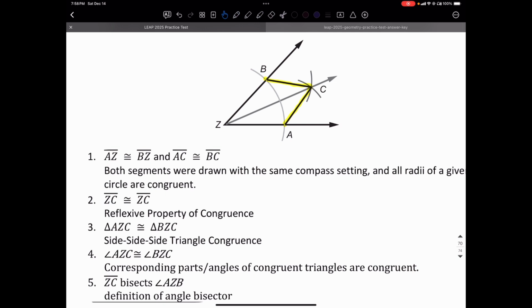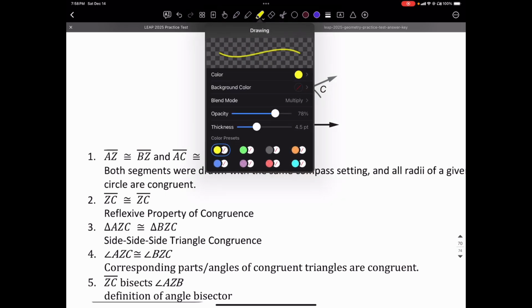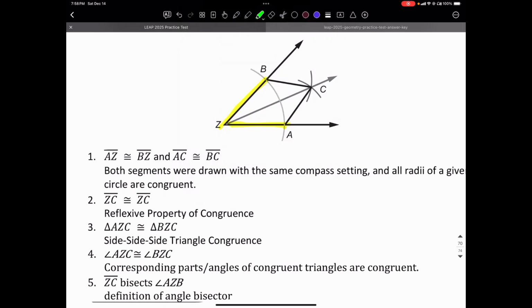Line segment AZ is congruent to line segment BZ, and AC is congruent to BC.